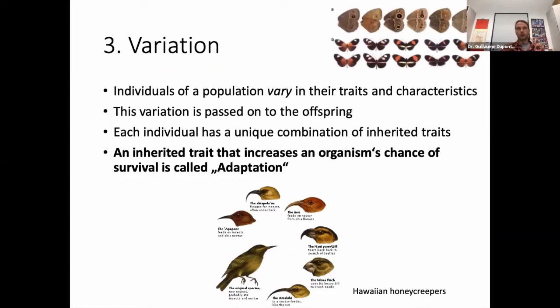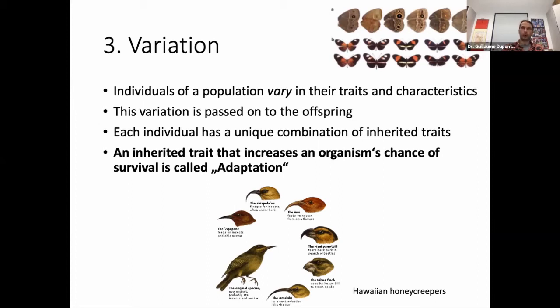The next aspect of natural selection is in the phenotype. We've talked about variation in the last lecture, or the origin of variation. Again, mutations and recombination. Individuals vary in terms of their traits or characteristics.